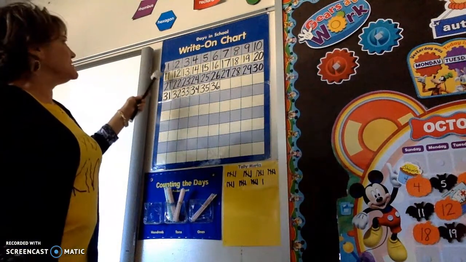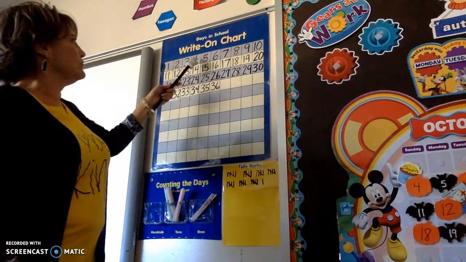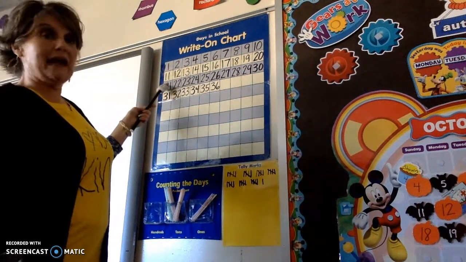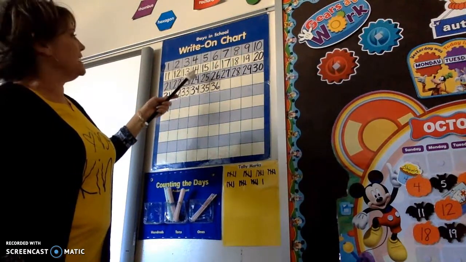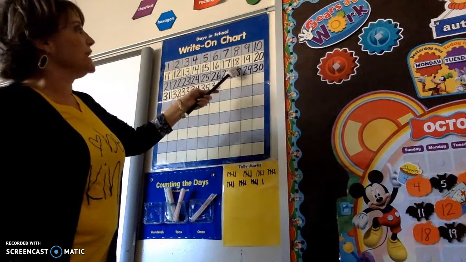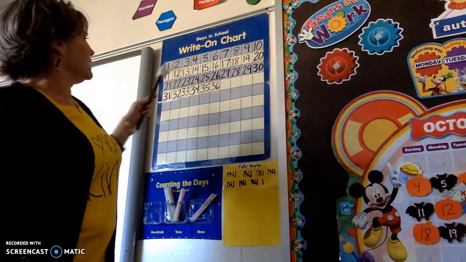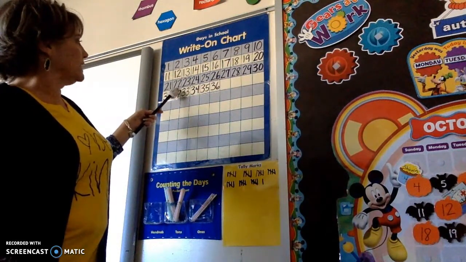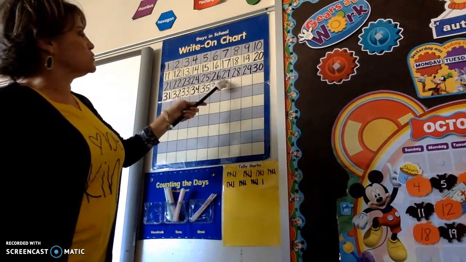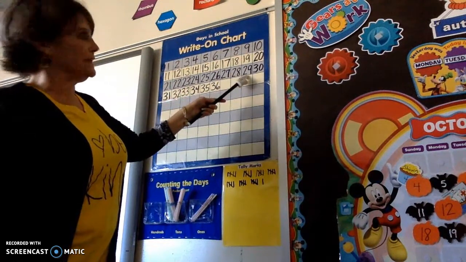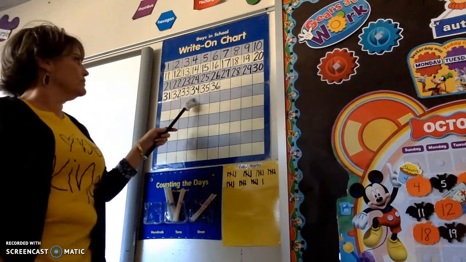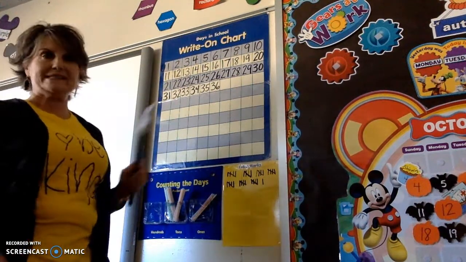Here we go. 0, 1, 2, 3, 4, 5, 6, 7, 8, 9, 10, 11, 12, 13, 14, 15, 16, 17, 18, 19, 20, 21, 22, 23, 24, 25, 26, 27, 28, 29, 30, 31, 32, 33, 34, 35, 36.